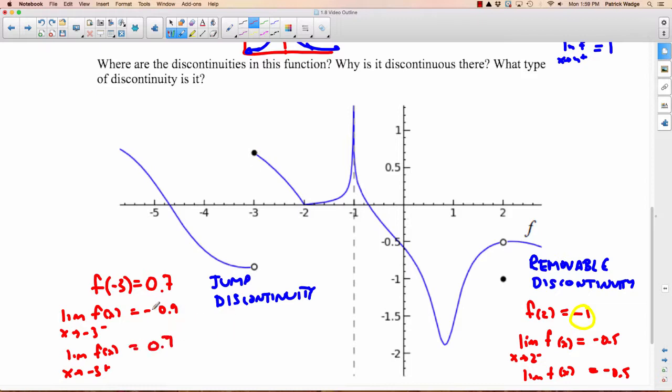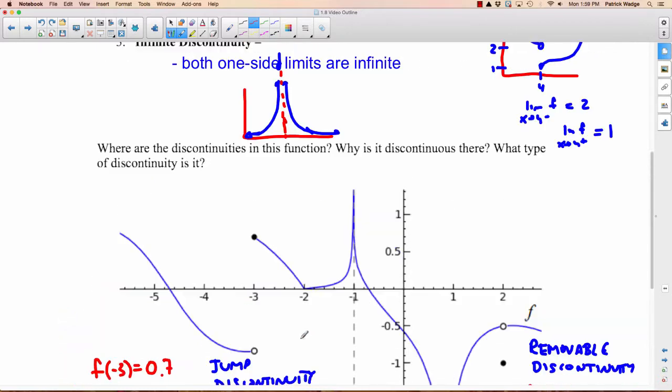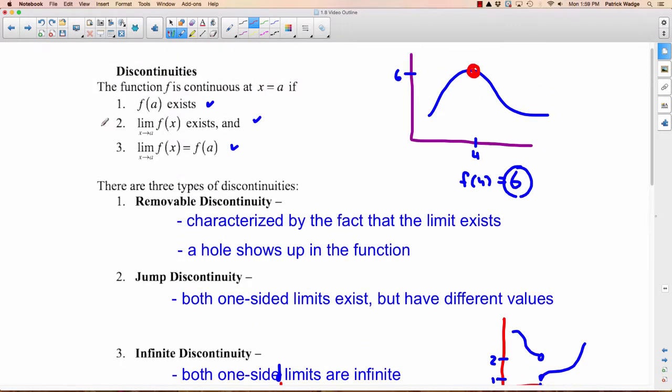So on one side we got negative 0.9, on the other side we got 0.7. So what does that mean about the limit of this function overall as x approaches negative 3? It means it does not exist, right? Those two numbers have to be the same for the limit to exist. So this does not exist, which means it fails this second criteria right there.